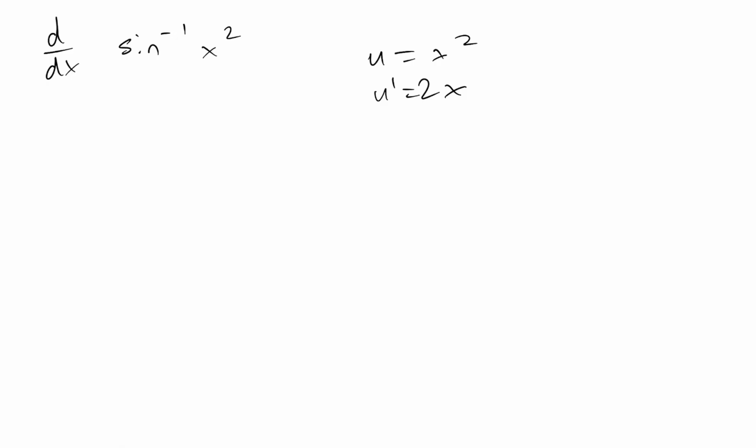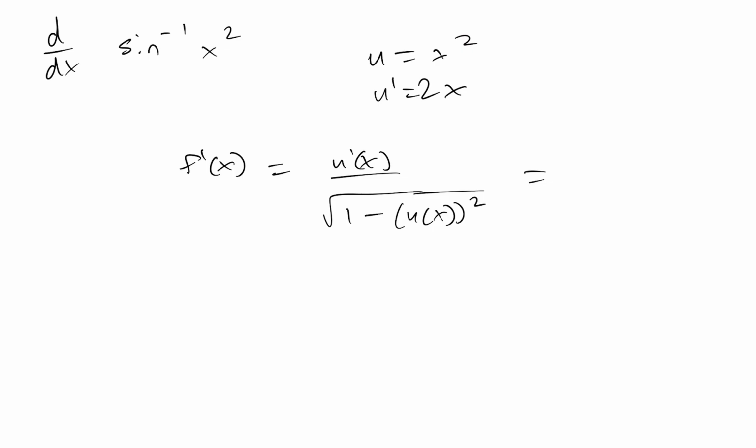And then from here, we can apply the chain rule. So f prime of x is going to be equal to u prime of x all over the square root of 1 minus u of x squared.